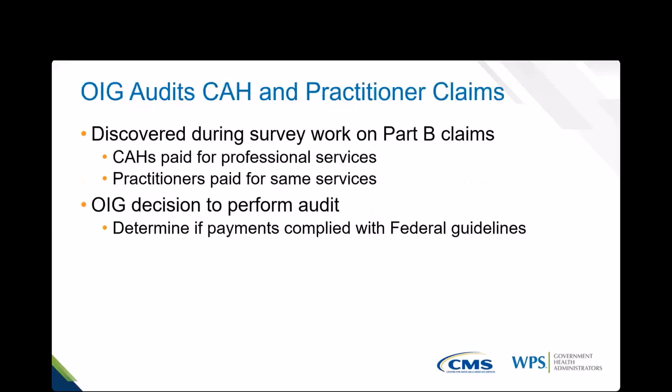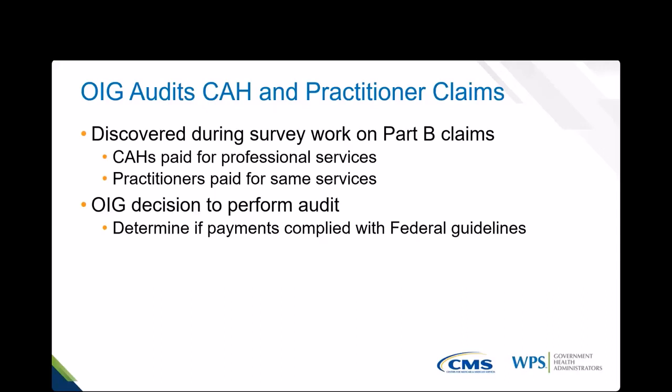So moving on here and going back to what actually prompted this topic, this webinar today. While performing survey work on calendar year 2019 Medicare Part B claims, the Office of Inspector General, or OIG, found that critical access hospitals were paid for professional services provided by healthcare practitioners that received payment for the same services provided at the cost.